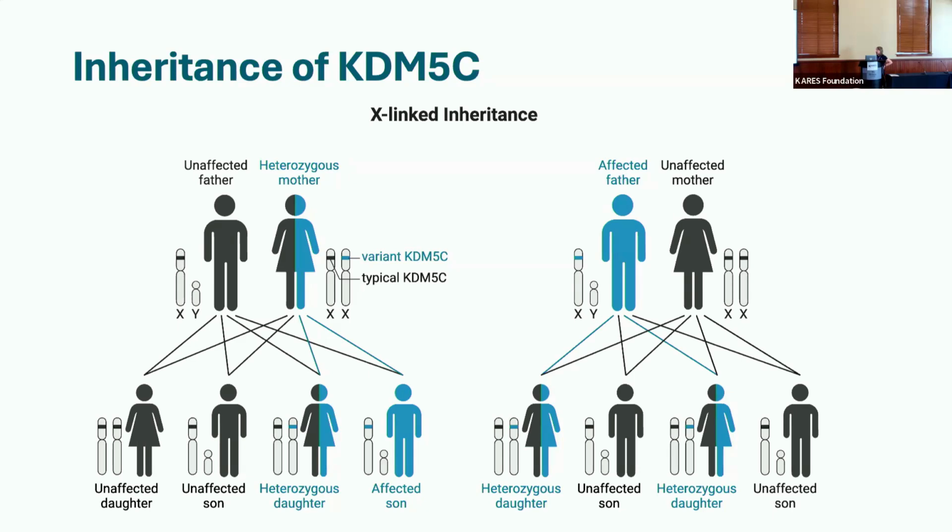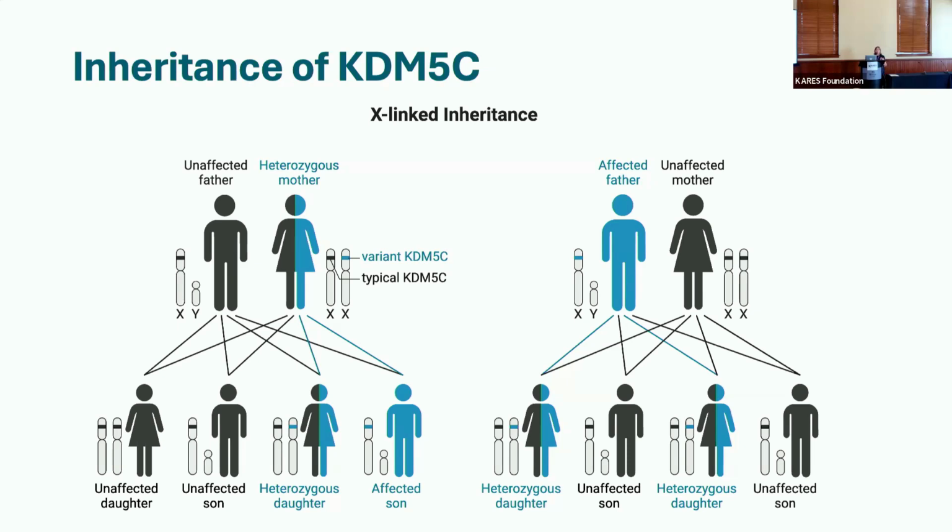They can also have an unaffected son, so they get the X chromosome from dad, or I'm sorry, the Y chromosome always comes from dad. Sorry about that. So the Y chromosome coming from dad, the X chromosome with the typical copy of KDM5C coming from mom. And then the other possibilities are that there's a daughter who's heterozygous. So she gets the X chromosome from her dad with a typical copy, and then she gets the variant copy from her mom.